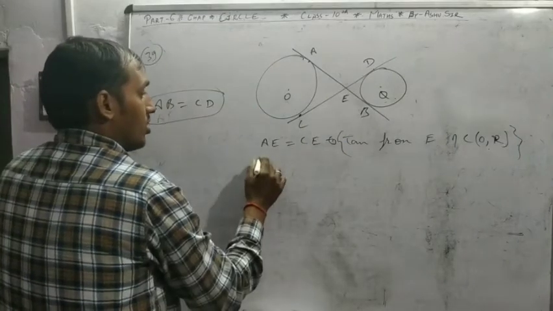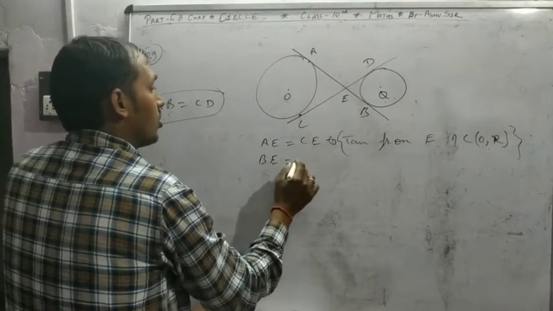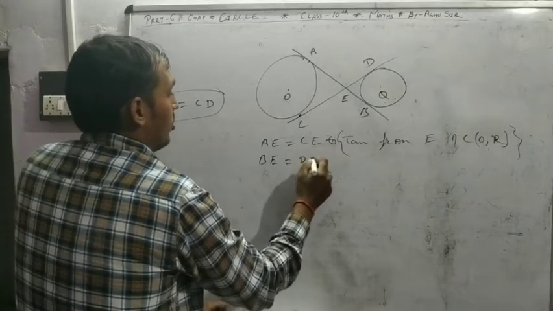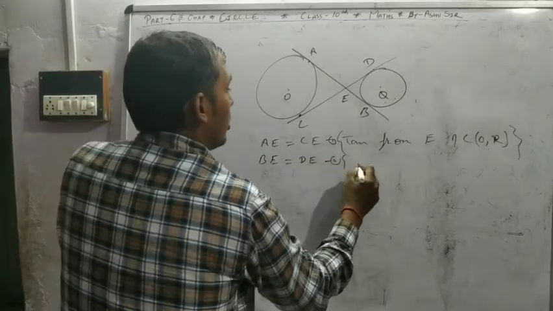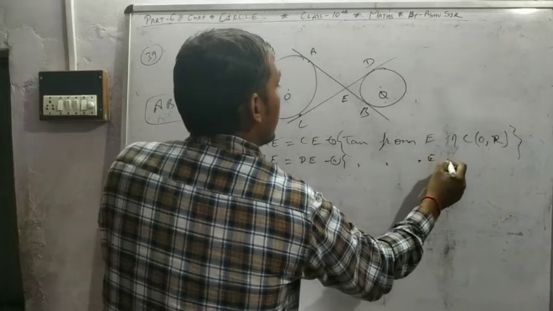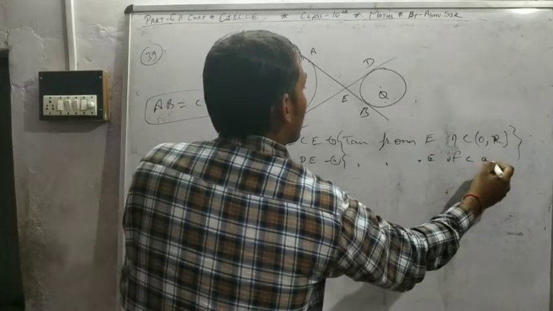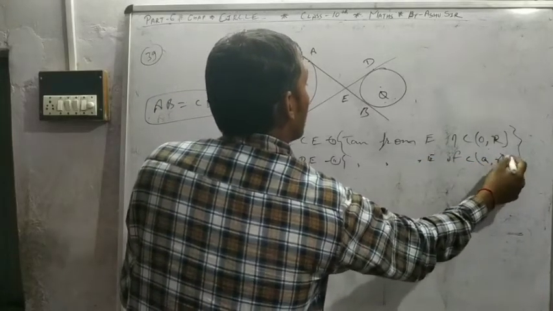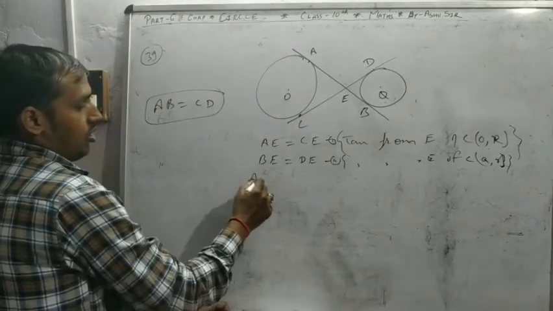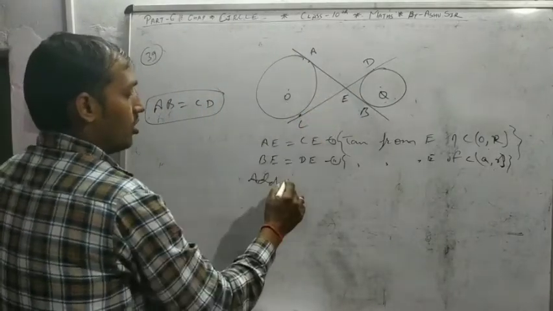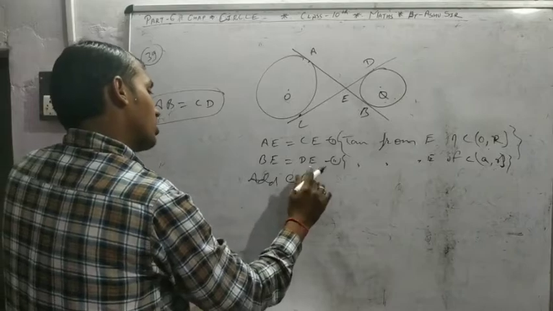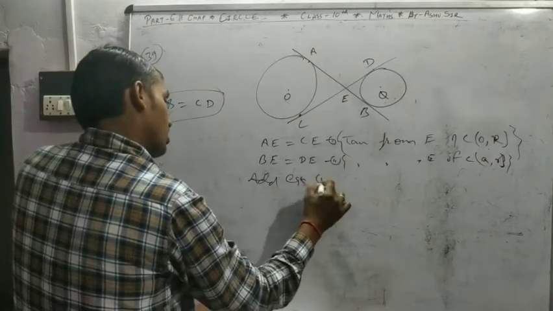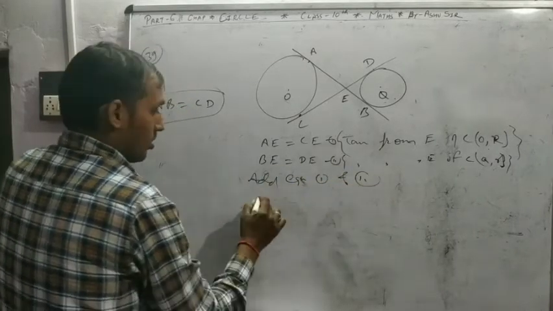Same for here, BE is equal to DE, equation second, tangents from external point E of circle Q, radius R. Here we want the whole side, so add equation first and second.